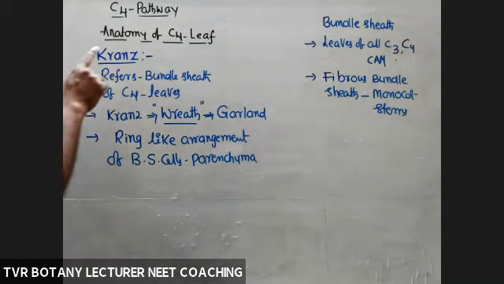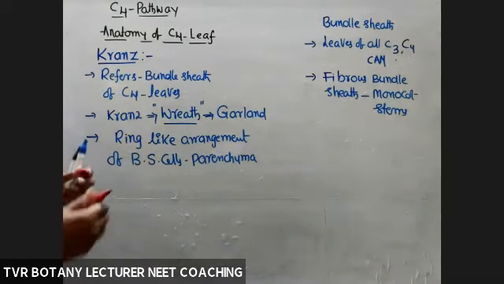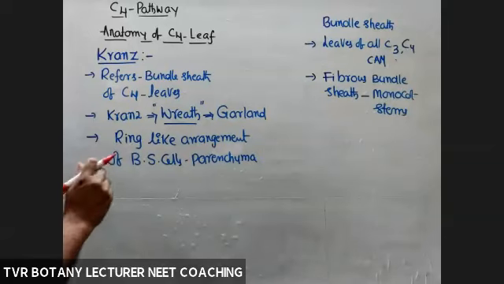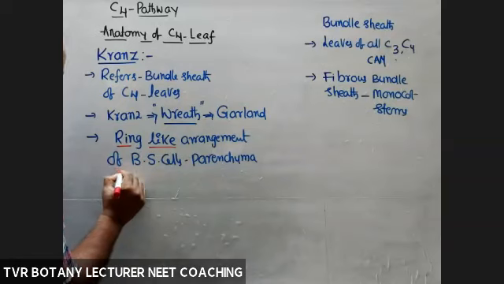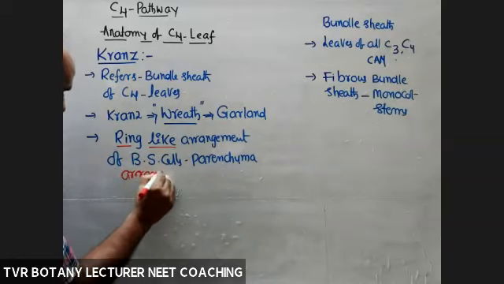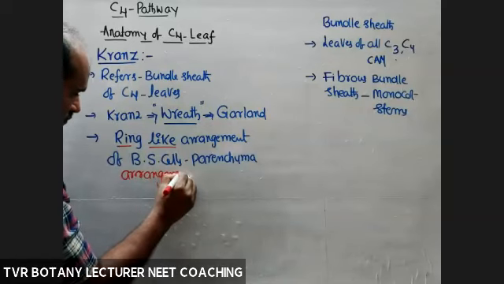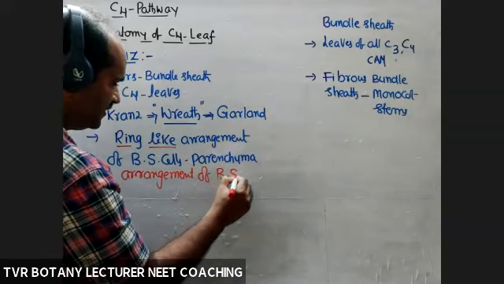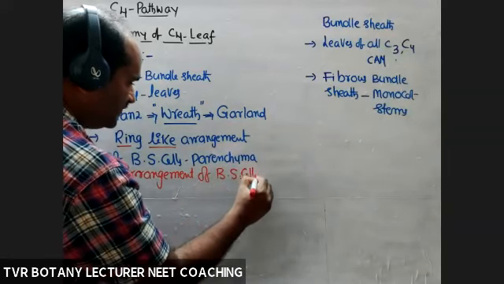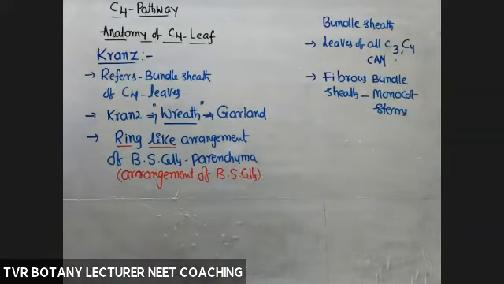If they question you, Kranz refers to the arrangement of bundle sheath cells, which are parenchymatous cells. The type of arrangement.